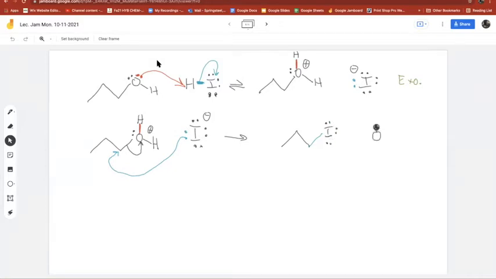And we also make water. There we go. Okay, two-step reaction. The second step is exothermic as well, and rate determining.